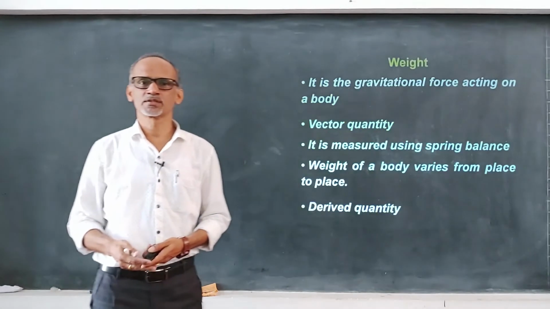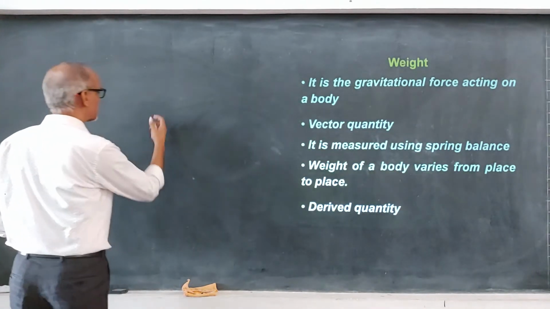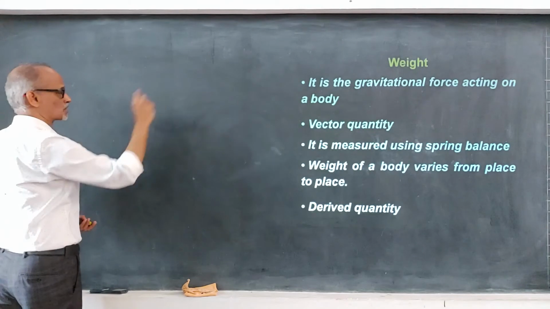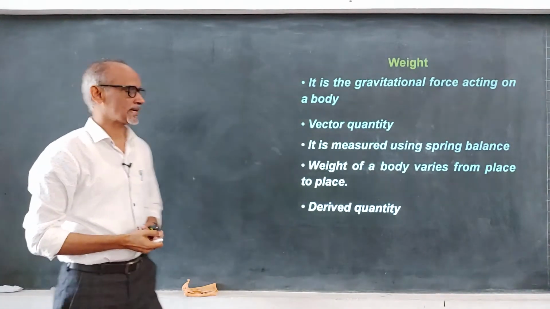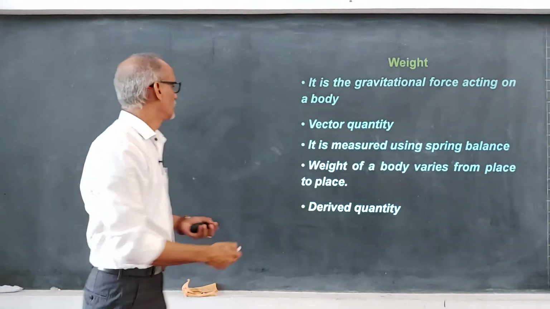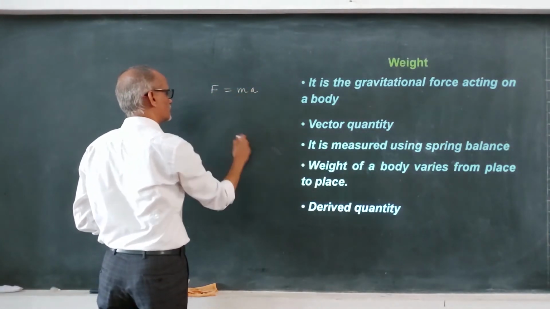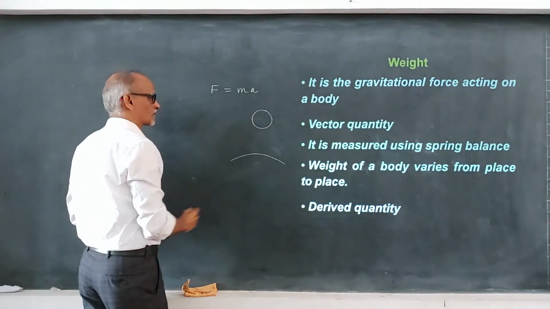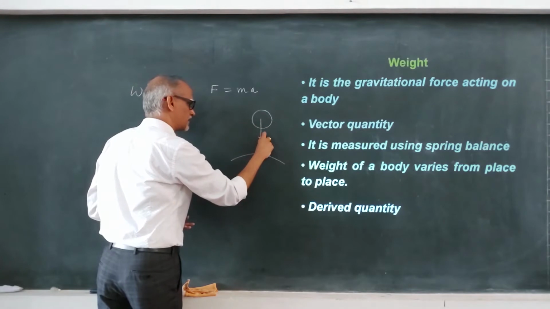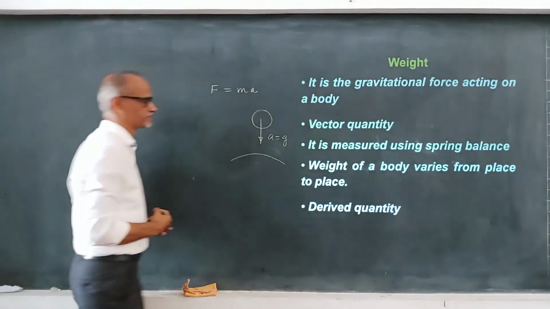There is another term which is called weight. Mass and weight are completely different. So what exactly is weight? Weight is the gravitational force acting on a body. We know that force is equal to mass into acceleration. So when there is a body very close to the earth, its acceleration is equal to g.